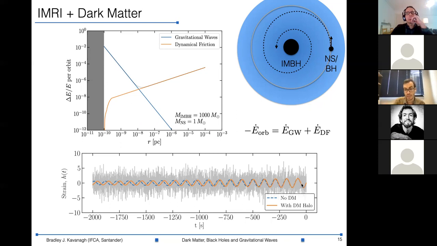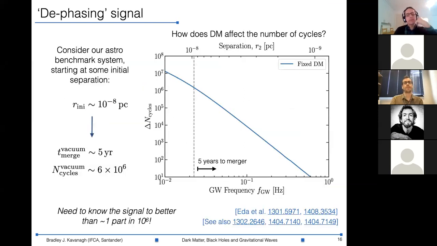The system in vacuum with no dark matter and the system with the dark matter halo can start to go out of phase, because one of them is inspiraling more quickly than the other. It's accumulating cycles more quickly. This is the dephasing effect that I'm talking about, hoping to look for this difference between a system evolving in vacuum and a system evolving with this cloud of dark matter.